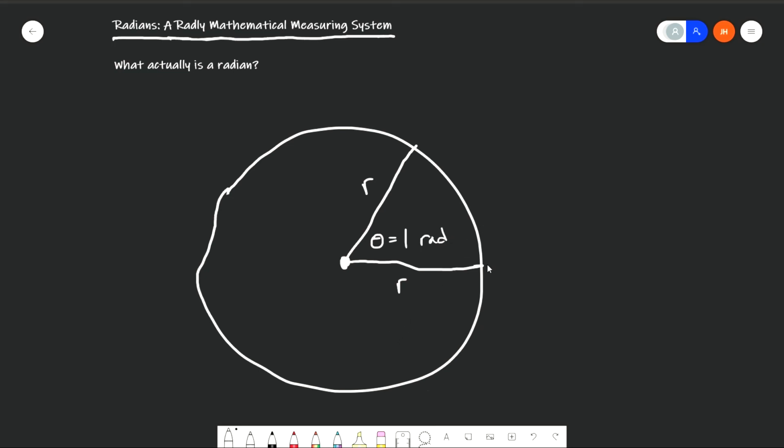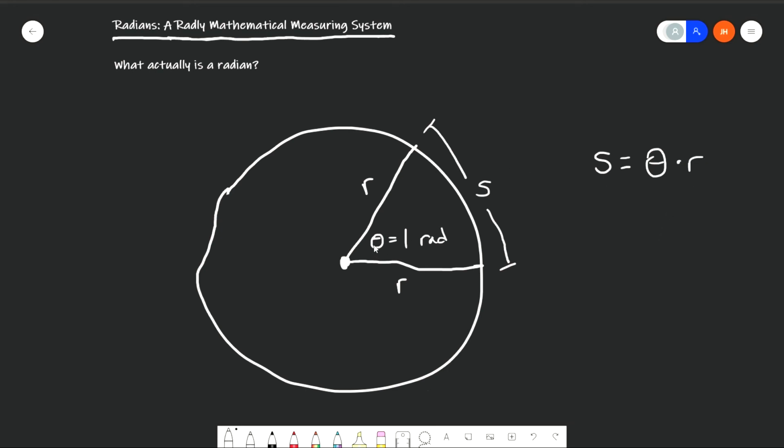Now, something that might be interesting to look at is, now that we just calculated arc length, what is this arc length going to be here? Well, as we saw before, arc length is equal to the angle times the radius, right?